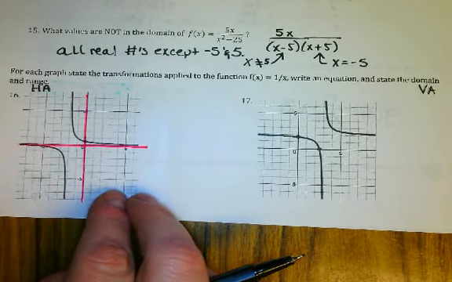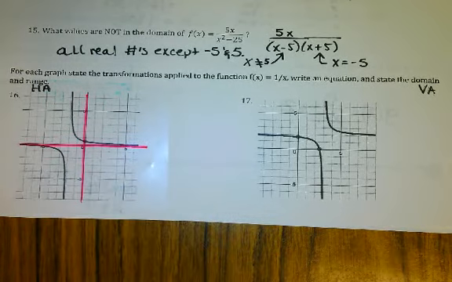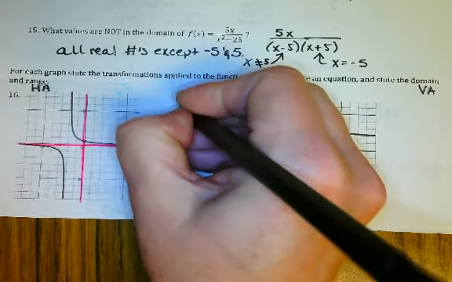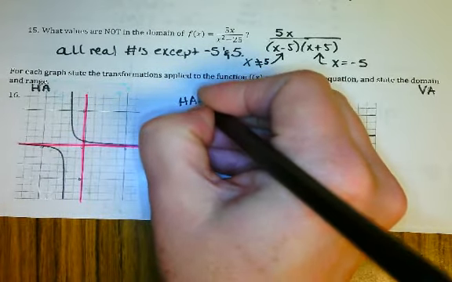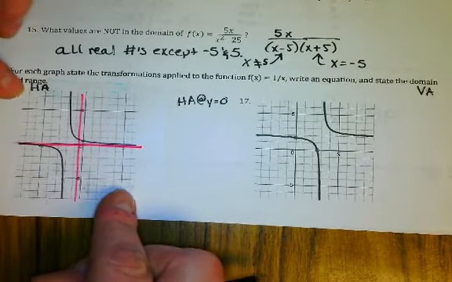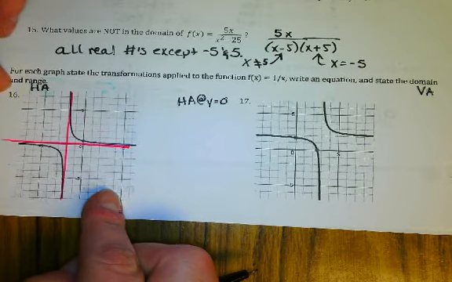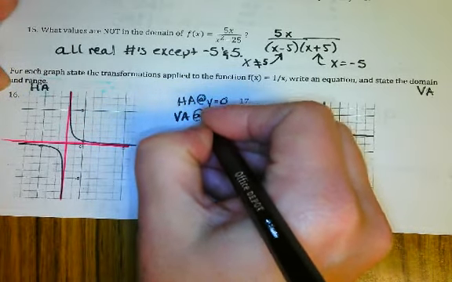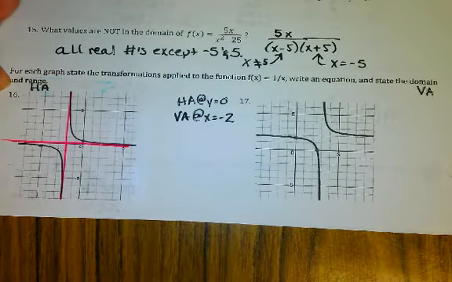So this one I'm noticing if I start with the parent function, my horizontal asymptote isn't going to change because the curve approaches it but doesn't cross it. So my horizontal asymptote here is at y equals 0. But then I do need to move over my vertical asymptote. So the vertical asymptote is going to be at x equals negative 2.